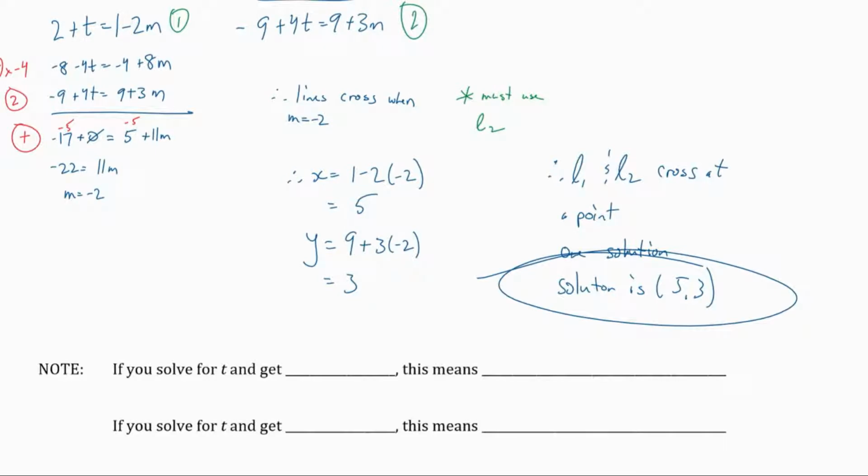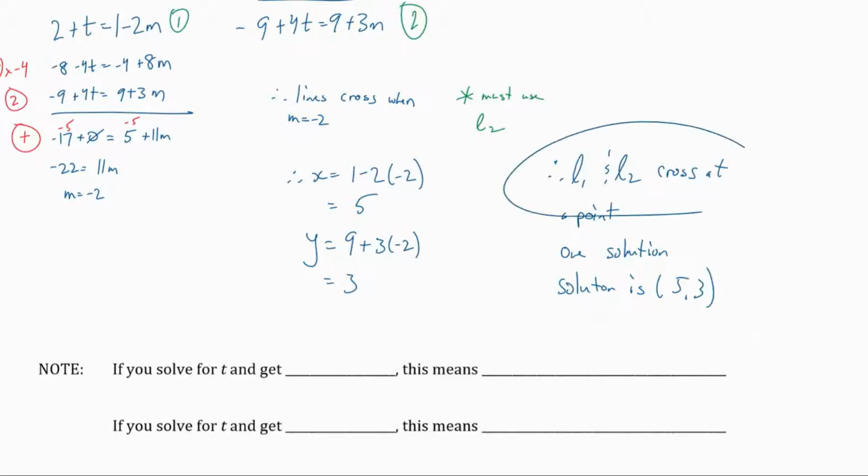I'm not just interpreting what's going on. But the instructions are going to be very specific, and it's going to say things like, or something along the lines of, give a geometric interpretation. And when a question asks that, I'm doing that right here. The lines cross at a point. There is one solution.